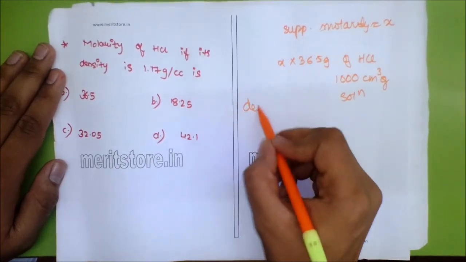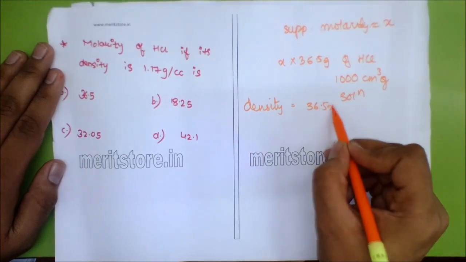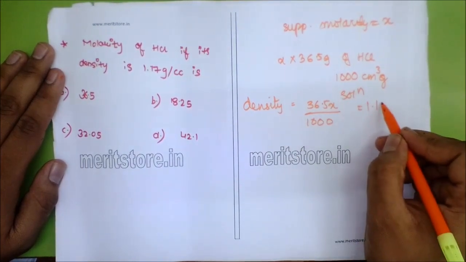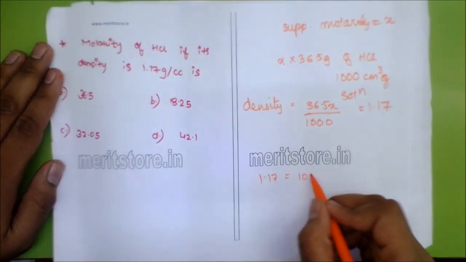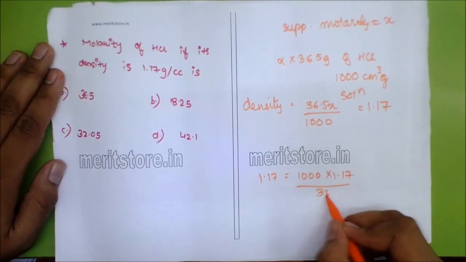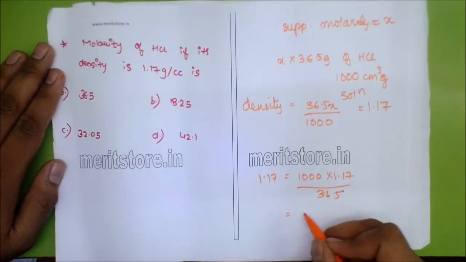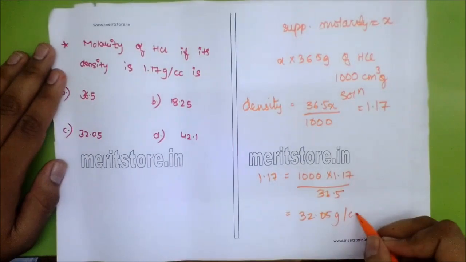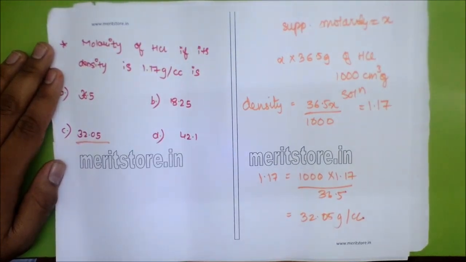So the density will be 36.5 X upon 1000, which is equal to 1.17. So X is equal to 1000 into 1.17 upon 36.5, which on solving we get 32.05. So option C, 32.05, is the correct answer.